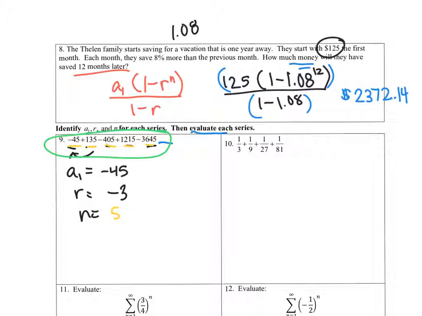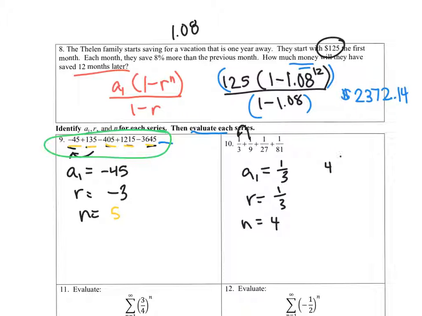Okay? This one is also a finite one. So your A sub 1 is 1/3. Your R is 1/9 divided by 1/3. So you're multiplying by 1/3 to get the next term. And your number of terms is going to be 4.